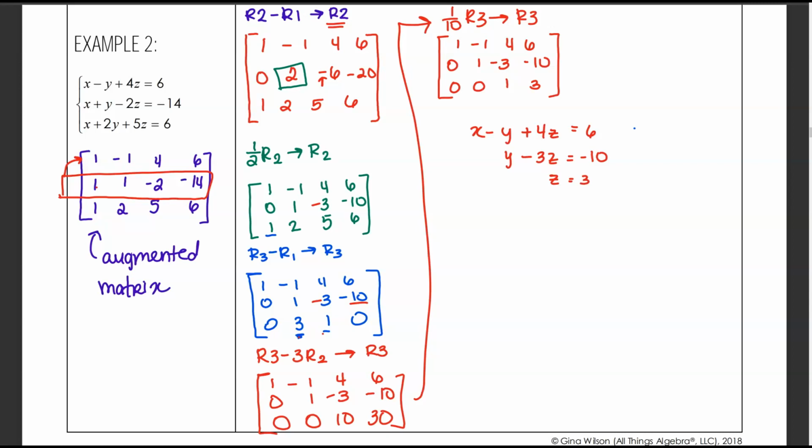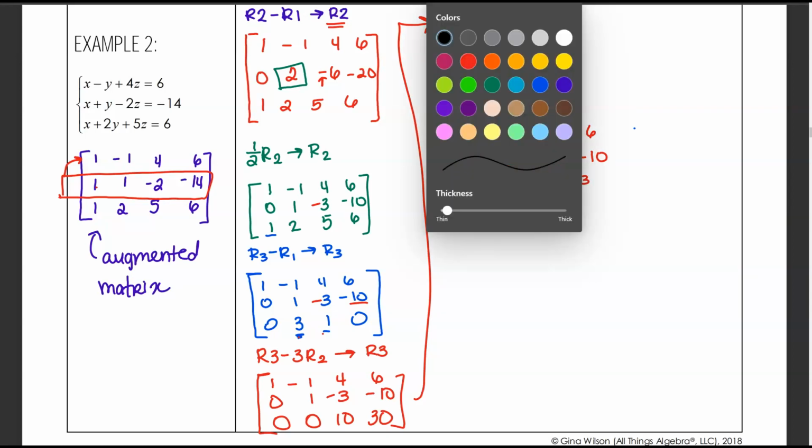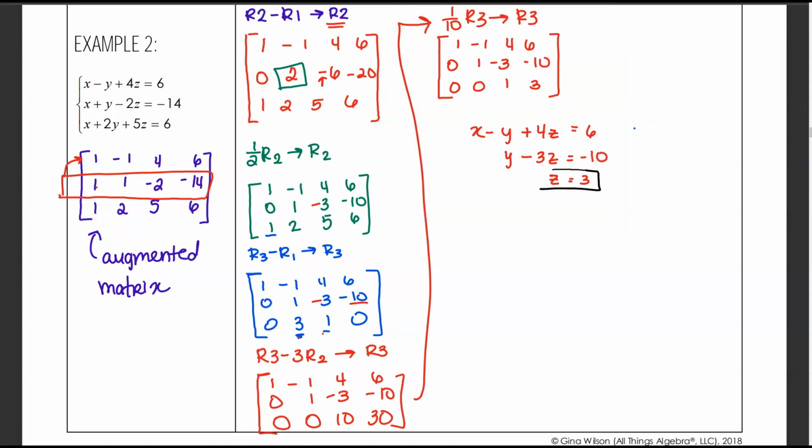Now that I have those 3 equations, we're going to substitute in z equals 3. So I'm going to have y minus 3 times 3 equals negative 10. So therefore, y minus 9 equals negative 10. So y equals negative 1.